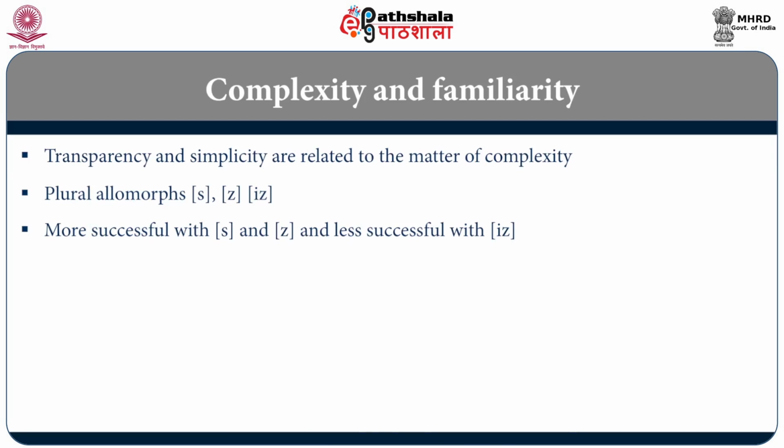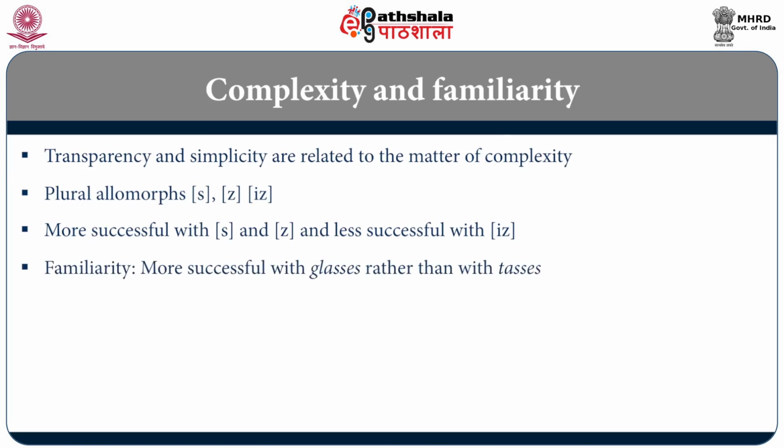The simpler forms s and z were produced more easily. The slightly more complex form of iz was not produced that easily. Also, along with this, it was seen that familiarity played a role. Children were more successful with the word glasses, with which they would have been familiar, rather than with tasses, which is a created word.